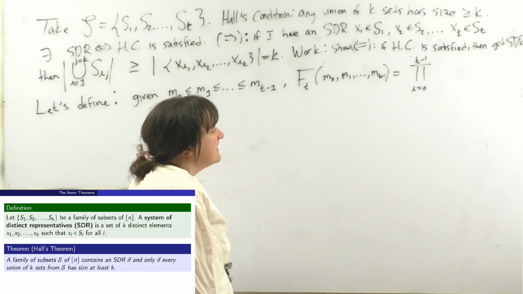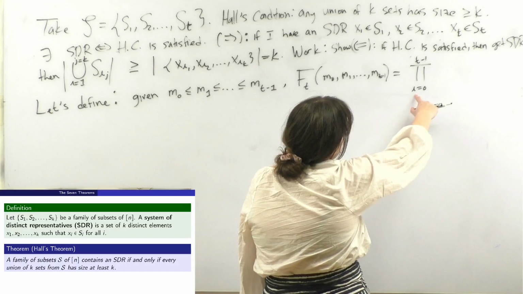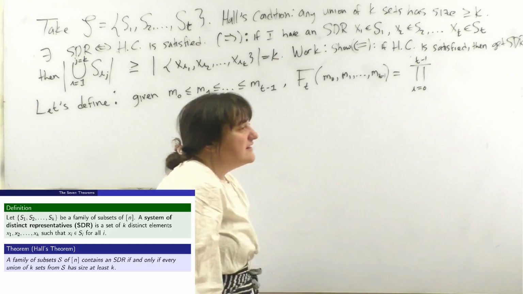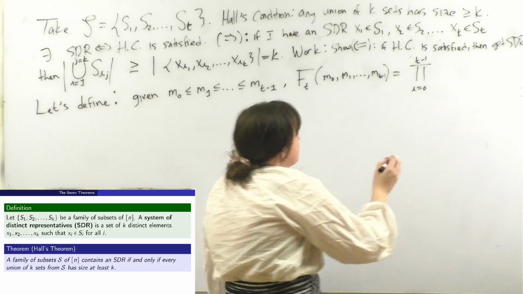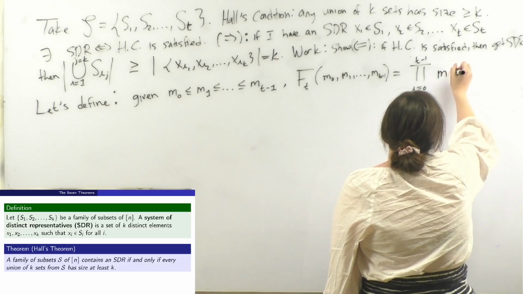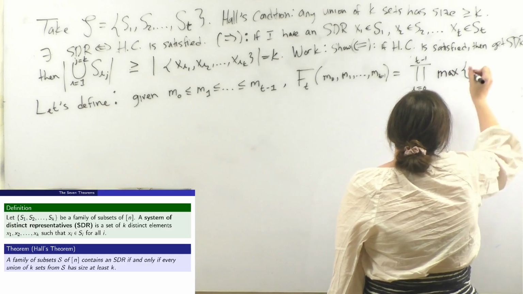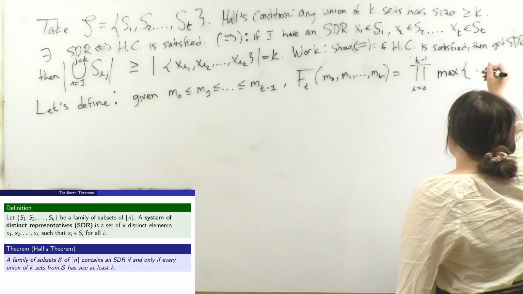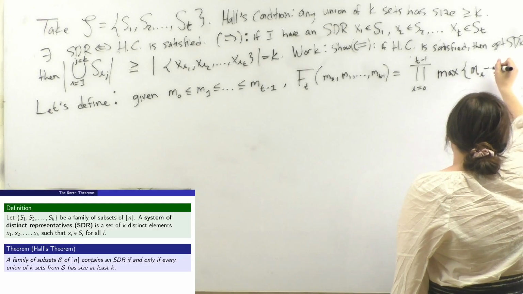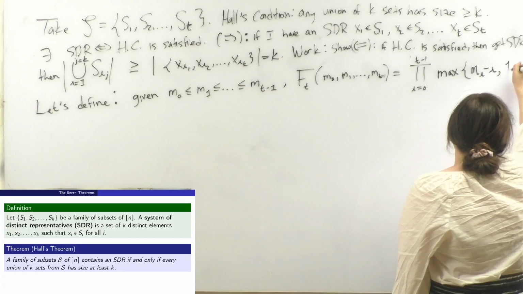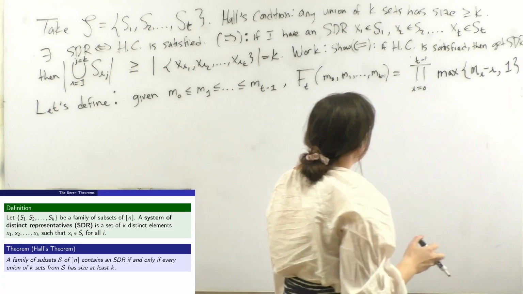Okay, so my indices will go from 0 to t minus 1, so it's a product with t terms in it, and how do I get each term? I'm going to let this be the maximum of m sub i minus i and 1.